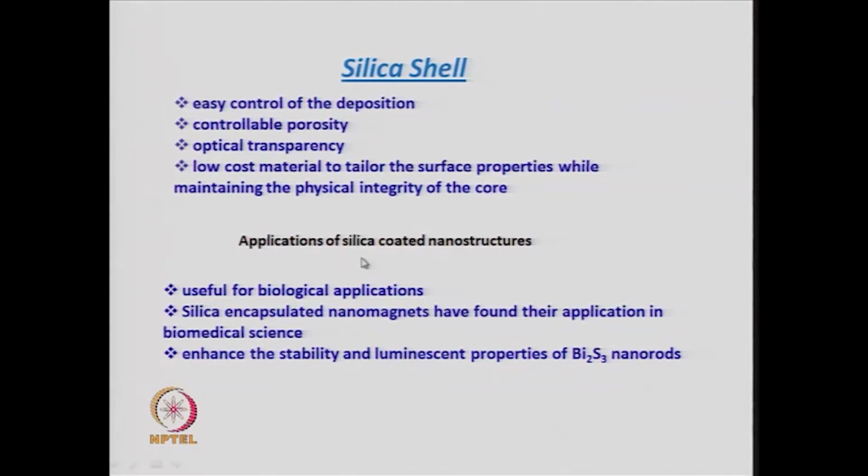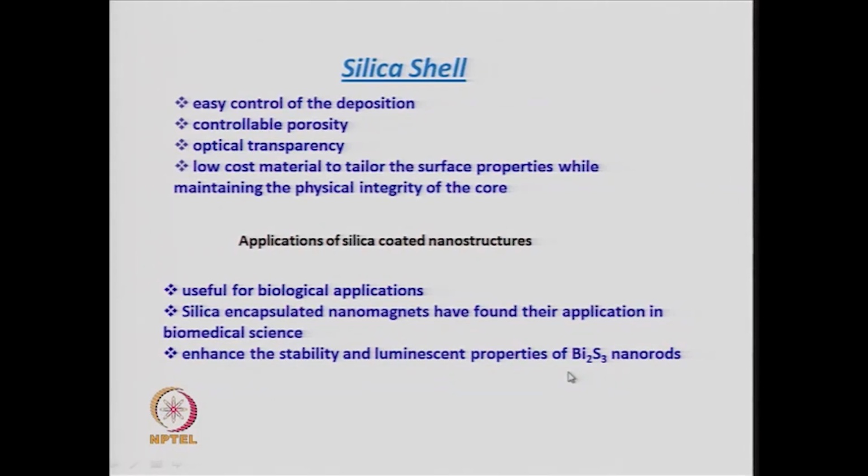Where are silica nanostructures applicable? There are a lot of applications of silica coated nanostructures. They are used for biological applications. The silica encapsulated nanomagnets have found applications in biomedical science, and silica can enhance the stability and luminescent properties of bismuth sulphide nanorods.